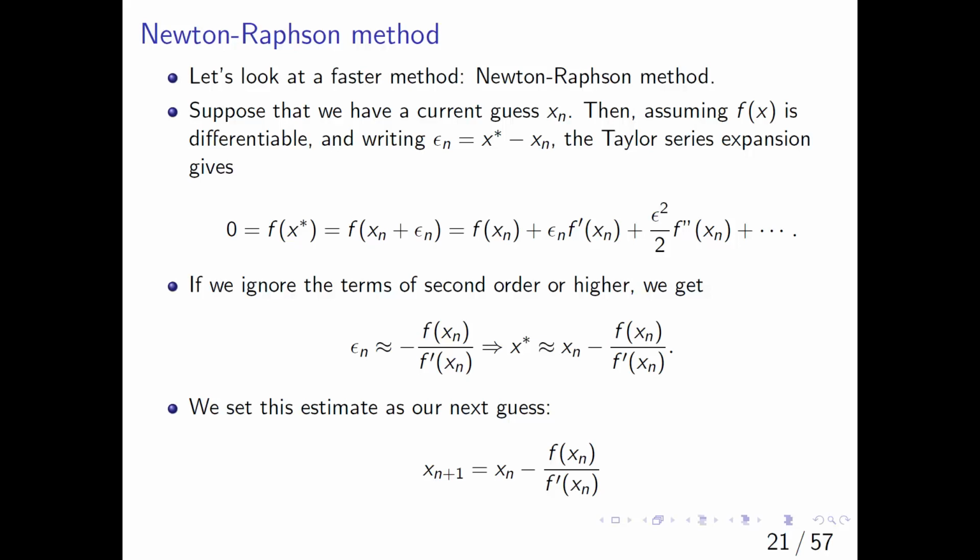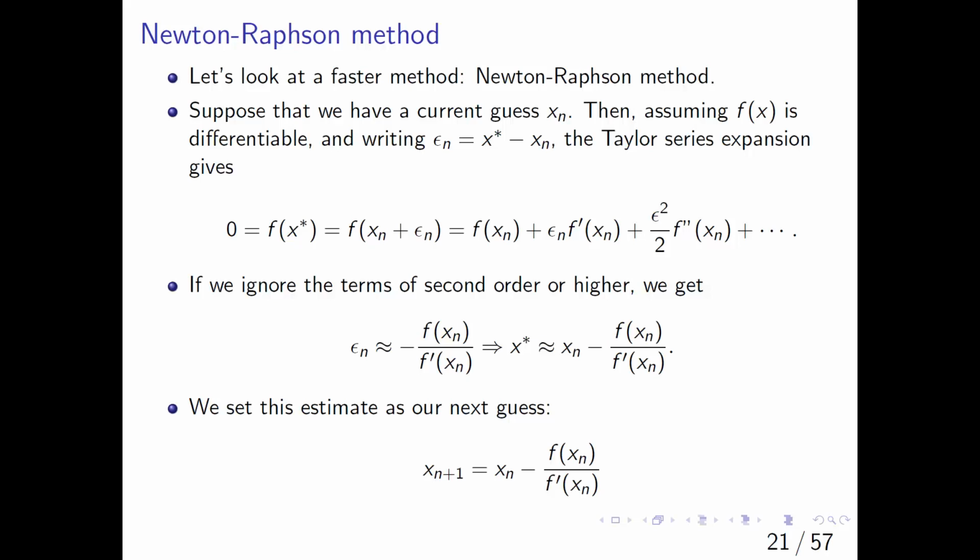Let's say we have the current guess xn, the guess we have obtained at step n. The subscript n means step n. Let's say we already reached step n and got the approximation xn. Now let's see how we move to the next step, xn+1.